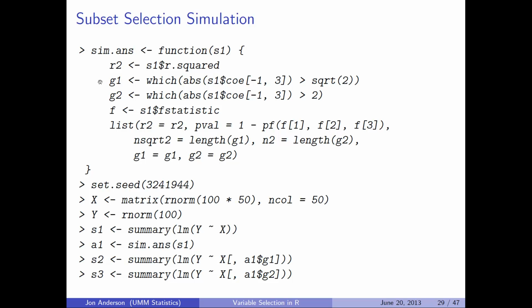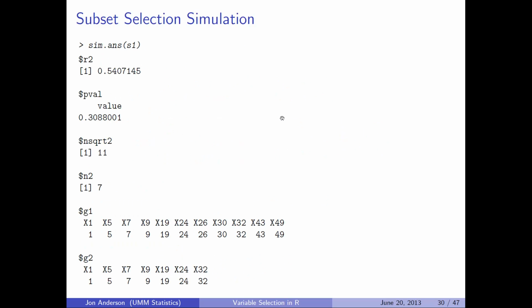On the next line in G2, I'm keeping track of which t statistics were bigger than the square root of 2, and which, on the next line G2, which t statistics were bigger than 2 in absolute value. So I'm sort of picking through what ones gave significant results.